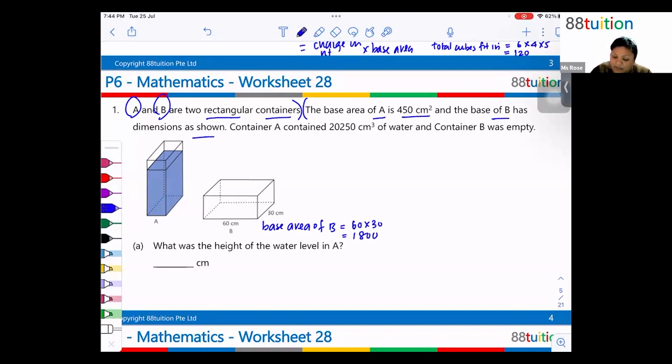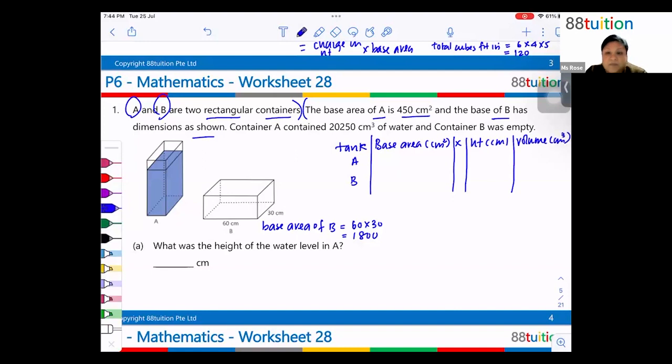Now, you have tank A and tank B. If I multiply the base area, which is in cm squared, by the height, which is in cm, I will get the volume, which is in cm cubed.